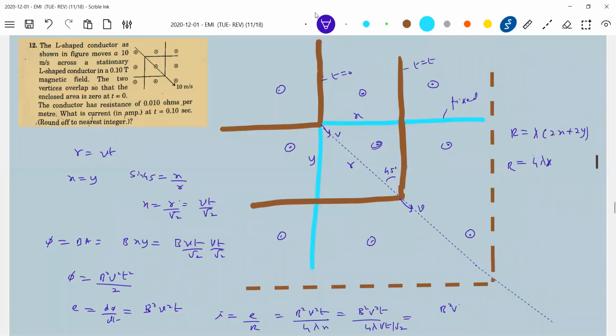So we get B square V by 2 root 2 lambda. B square will not be, only B will be.